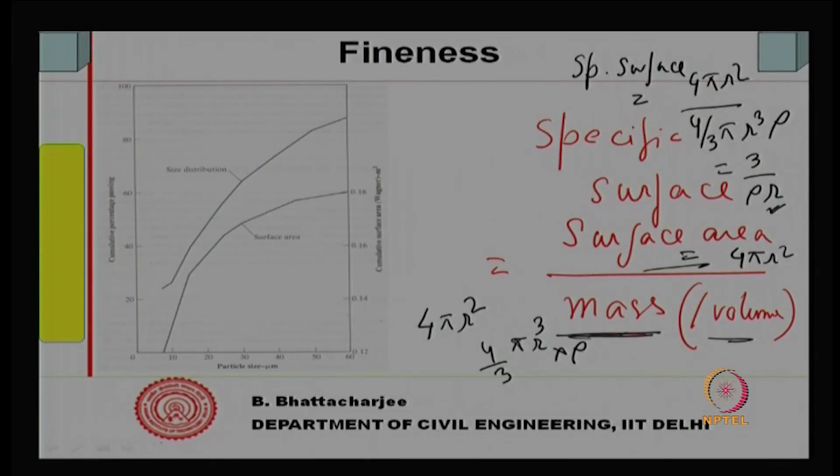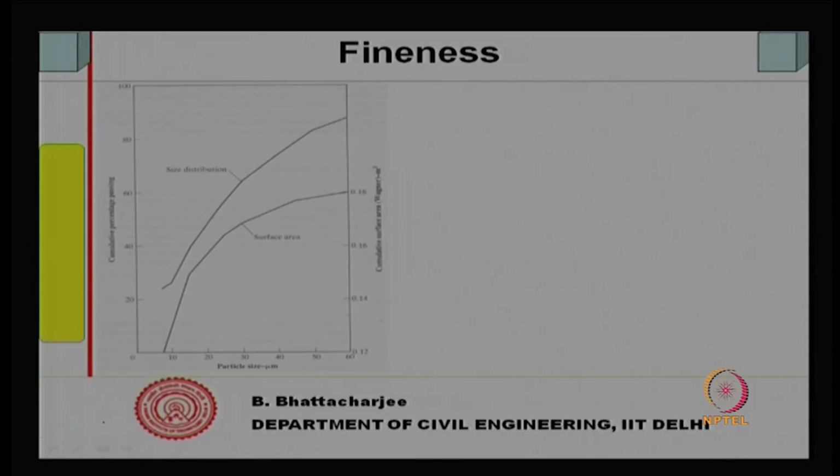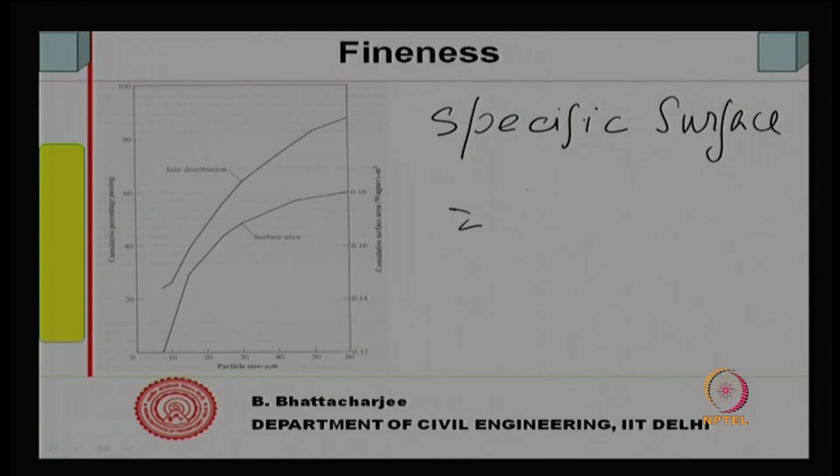Let me write this again simply: specific surface is 3 by r rho.